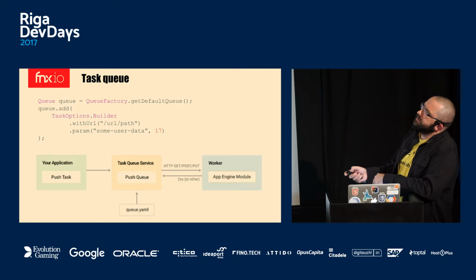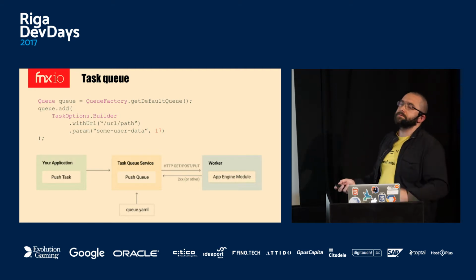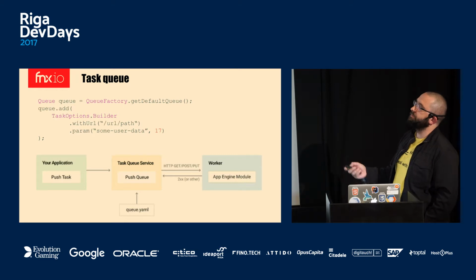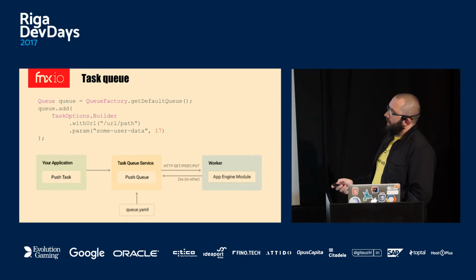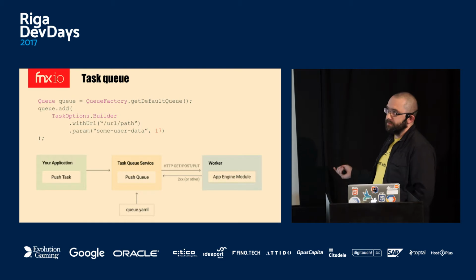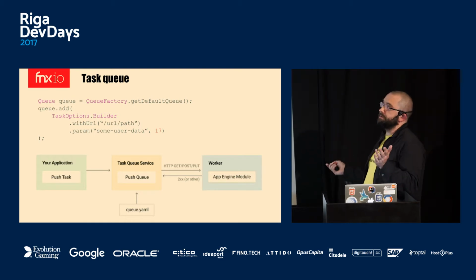Each task is actually a URL in your application. So what you do is you are just telling the task service, please call this URL with this parameter sometime in the near future. And when it does, you process the request as if it's from a user.